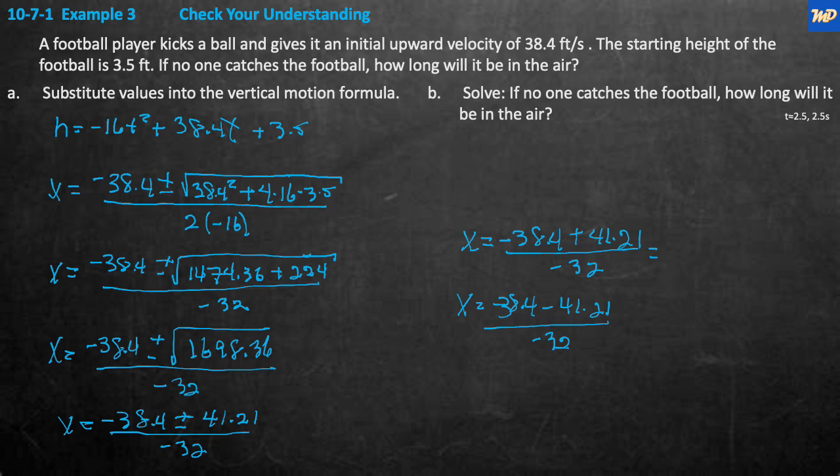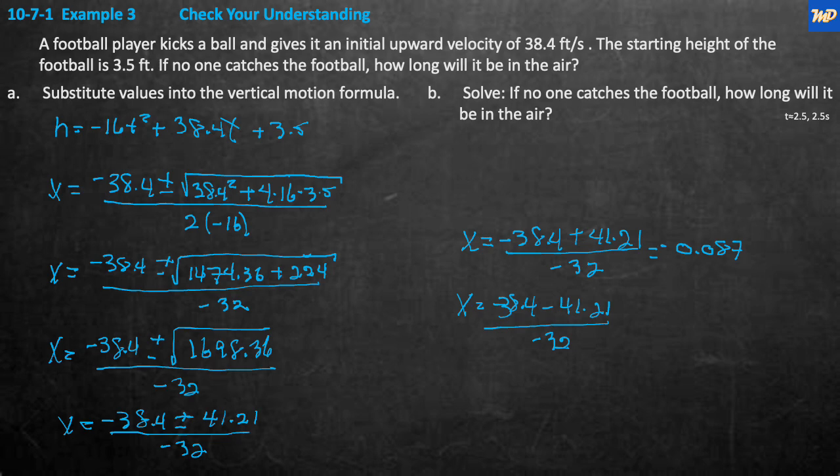And if we look at those, let's look at the top one. The top one, negative 38.4 plus 41.21 divided by 32. If I look at that, it's going to come out to 0.087. Okay, and this is minus and a positive, so this is going to be a negative number, right?